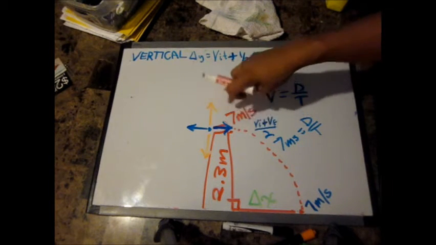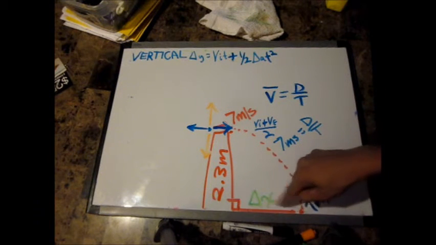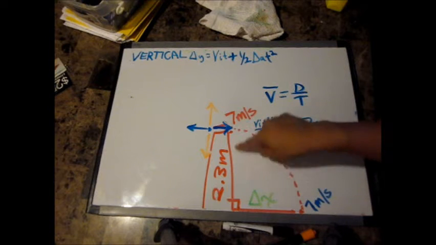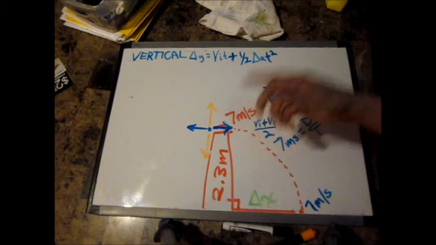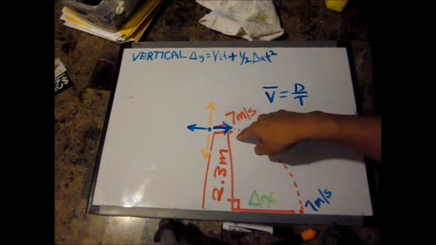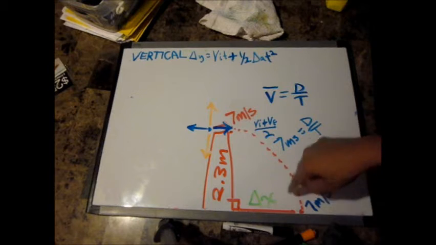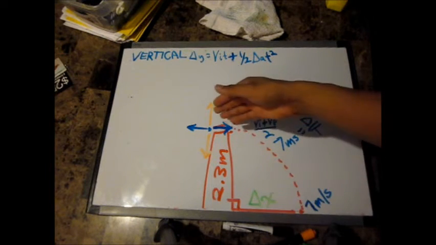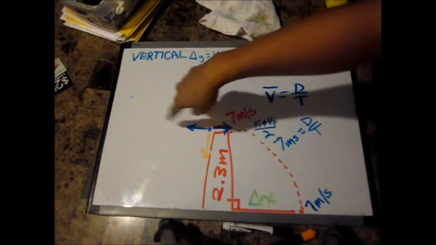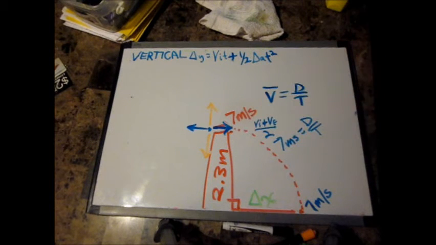Because even though the distance here on the change of x is different than the change of y, the amount of time will still be the same. So we already know he's going to drop 2.3 meters because he's 2.3 meters high. But we just don't know the displacement here. But regardless of whether we're looking for the change of the horizontal axis or change of the vertical axis, the change of the time will always be the same.